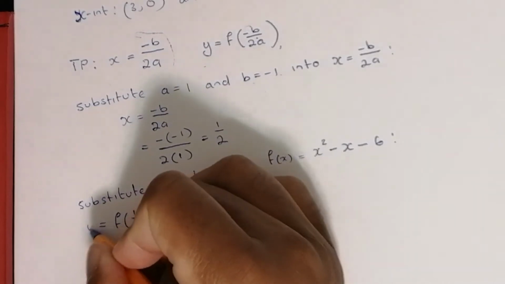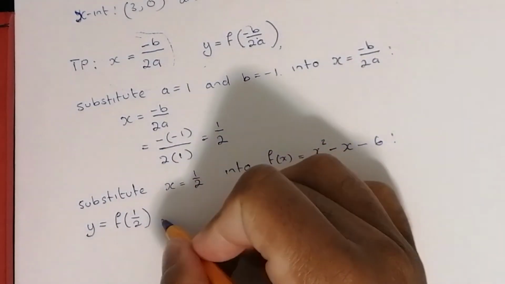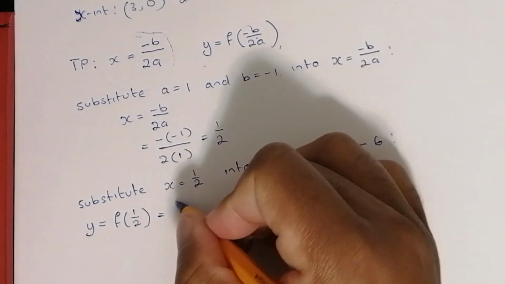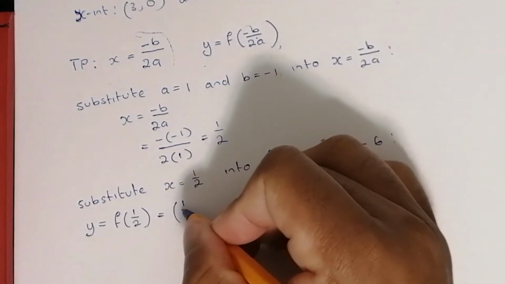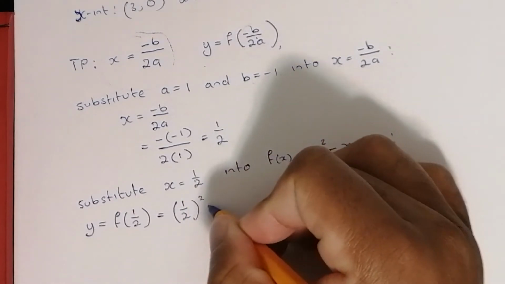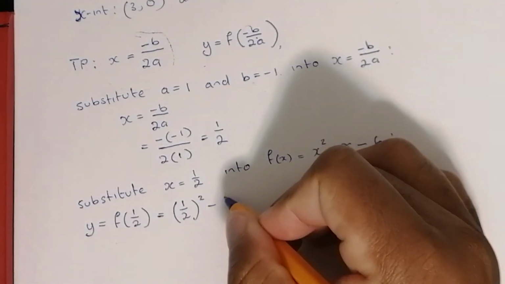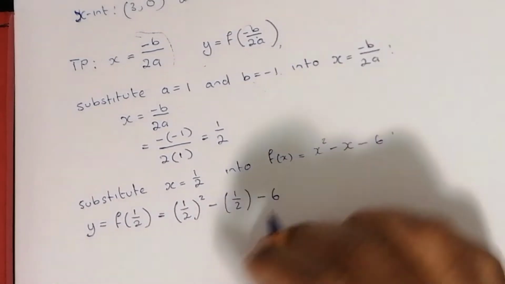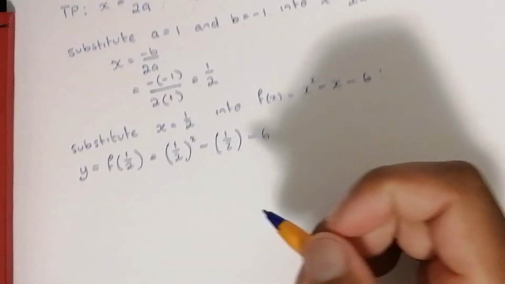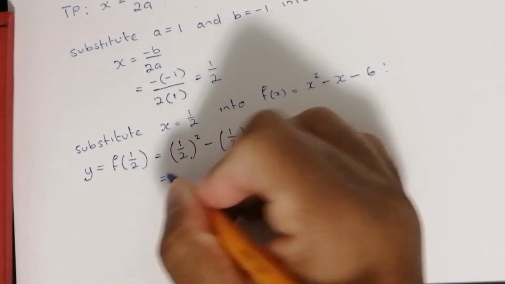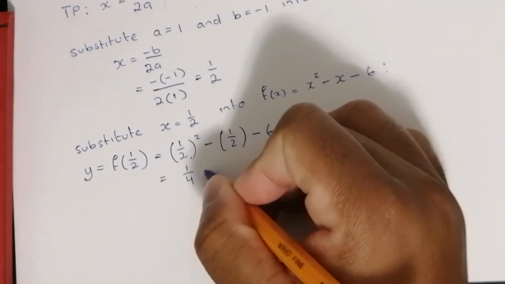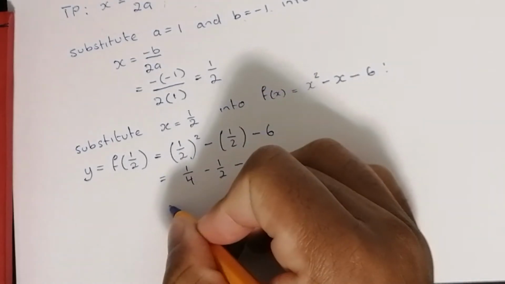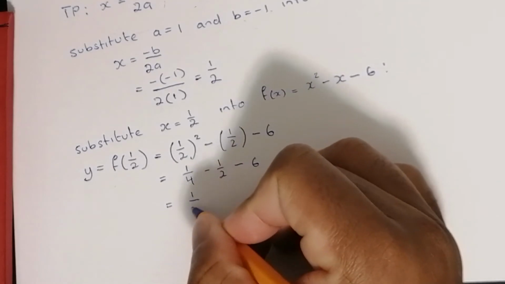So this is y equals f of 1 over 2 equals 1 over 2 squared minus 1 over 2 minus 6, right?